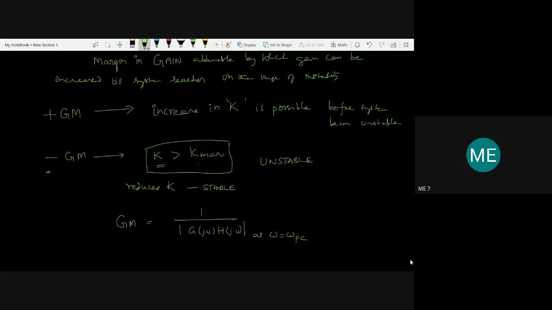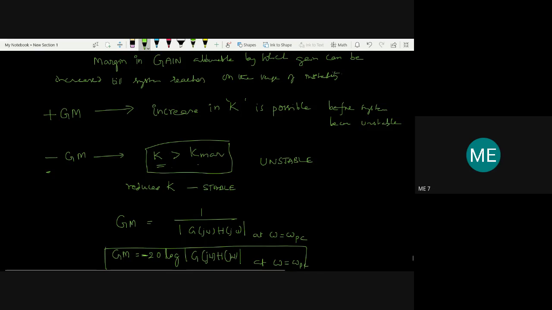This can be written in terms of decibels, if I want to represent, as minus 20 log of mod of G(jω)H(jω) at ω equal to ωpc. So this is how we can calculate the gain margin.